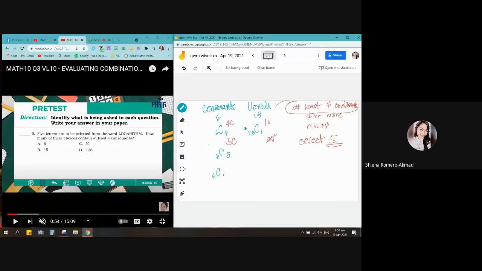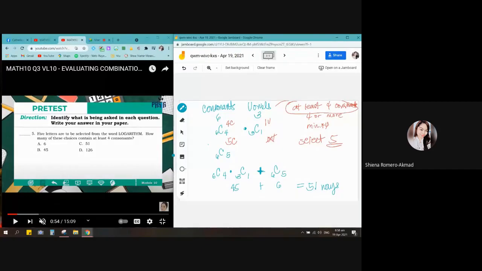Combination of 6 taken 4 times combination of 3 taken 1, plus, because either of the two might happen, combination of 6 taken 5. So these two will be 45, plus this one will be 6. Okay, so if you add them, we'll get 51 as the answer.